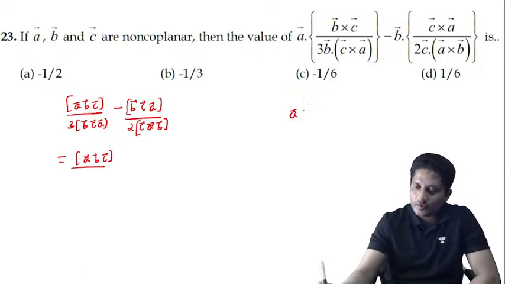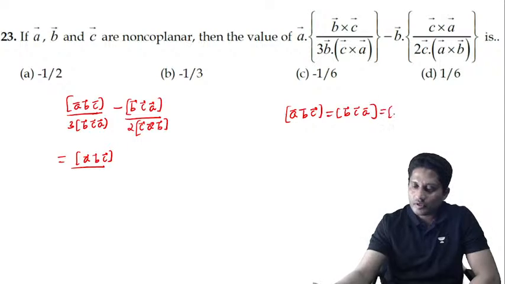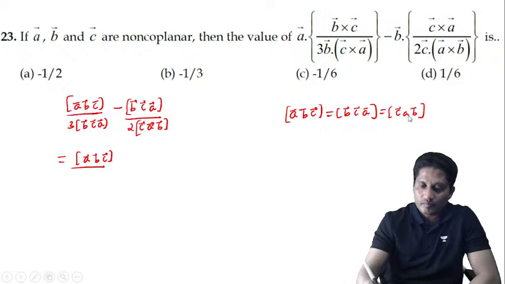Suppose box of ABC is the same as box of BCA, which is the same as box of CAB. So box of BCA is the same as box of ABC.